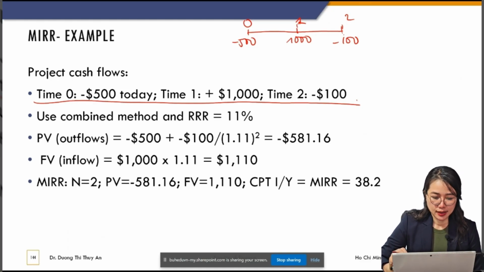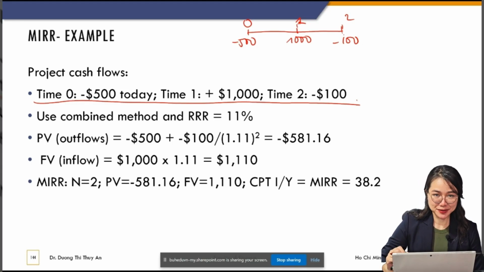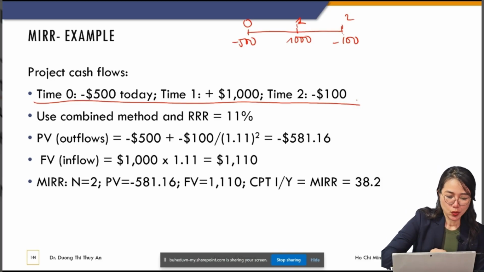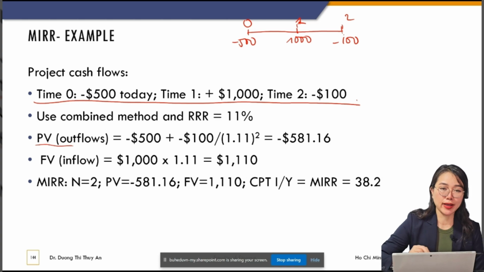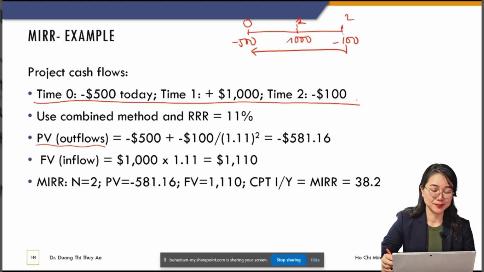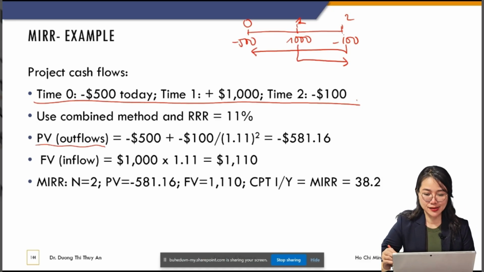And now we're going to transform this unordinary cash flow to an ordinary cash flow. Okay? And what we do, we calculate the PV of all the outflows, meaning we bring all the outflows to the present. The negative cash flow we bring to the present. And the positive cash flow we bring to the future.